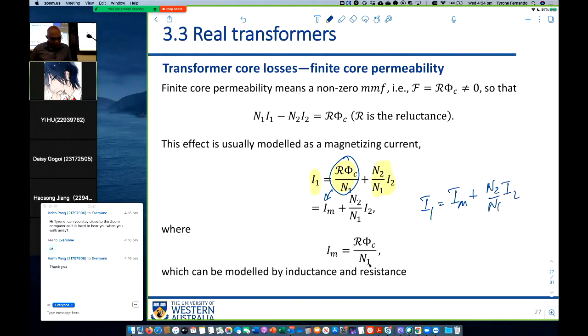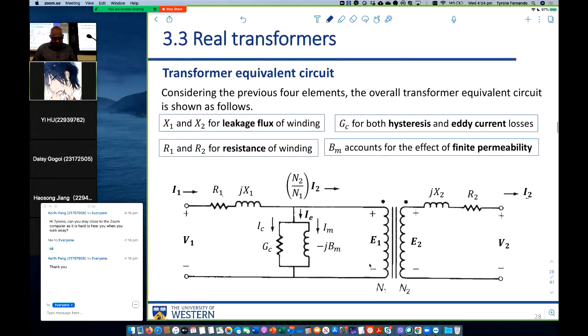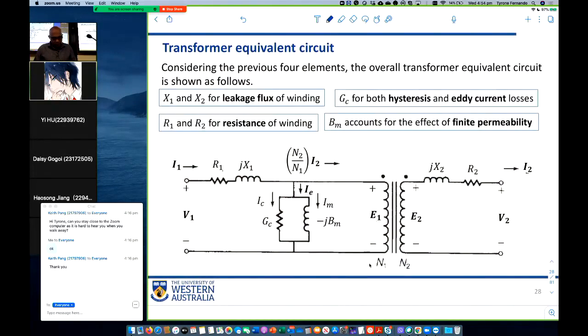For the ideal transformer case, this Im didn't exist. So now we can see the ideal transformer was just this bit here, and this current here was simply I1. But now I1 is made up of two components: some current plus this current.